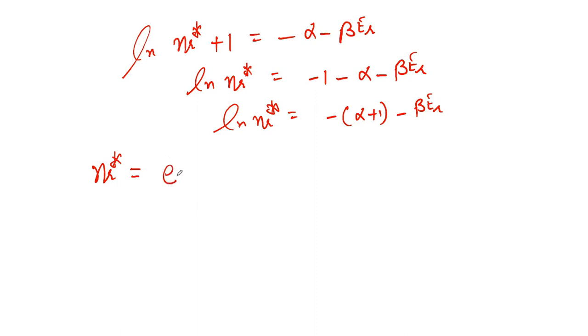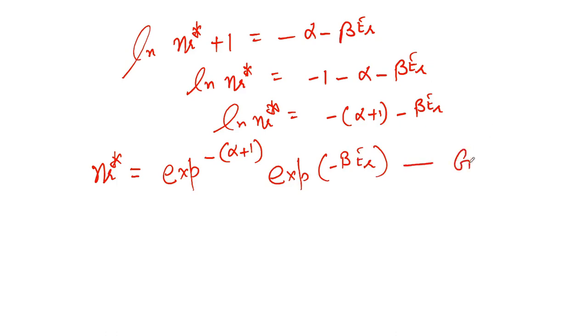So nr is equal to exponential of minus alpha plus 1 into exponential of minus beta into er. So let us say this is our equation G.